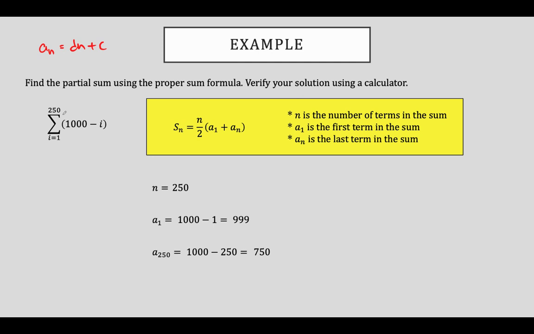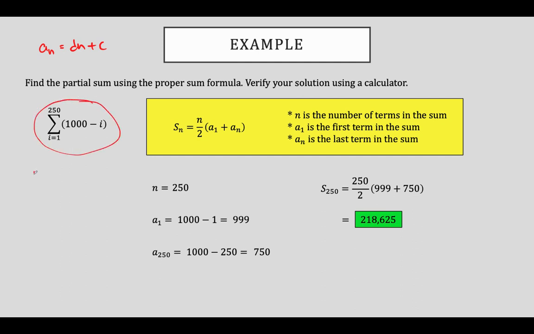Now that we have all this information, all we have to do is plug it into the formula. S sub 250 is equal to 250 divided by 2, times the quantity 999 plus 750. We plug that into our calculator and hit enter, and we get 218,625 as our answer. Now, we can also verify this solution by plugging this sum directly into our TI-84.